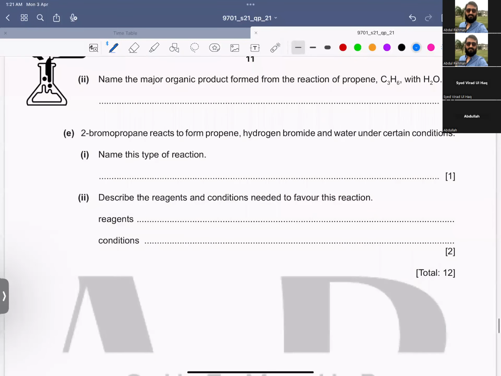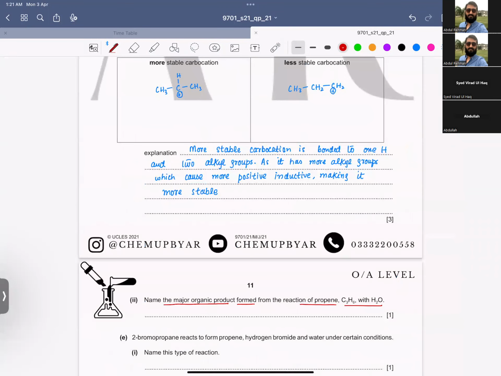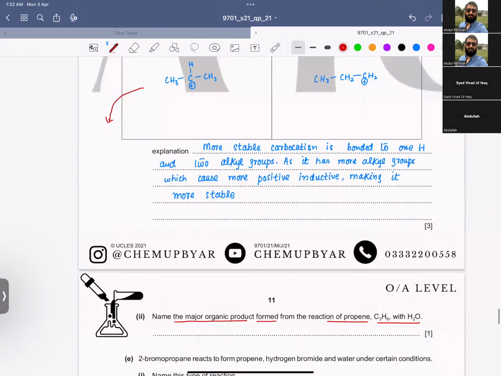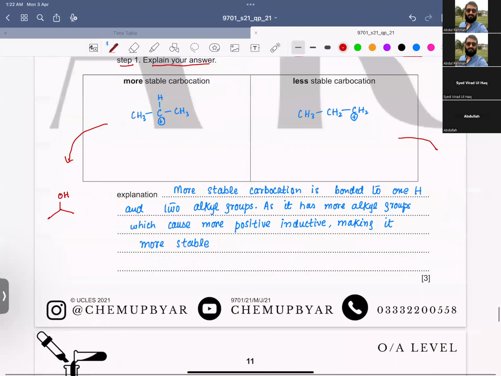Name the major organic product formed from the reaction of propene with water. So if this is the more stable carbocation, it will lead to the major product. In that major product, the OH group is going to bond over here. And in this case, we will get the minor product, and the OH is going to bond over here.